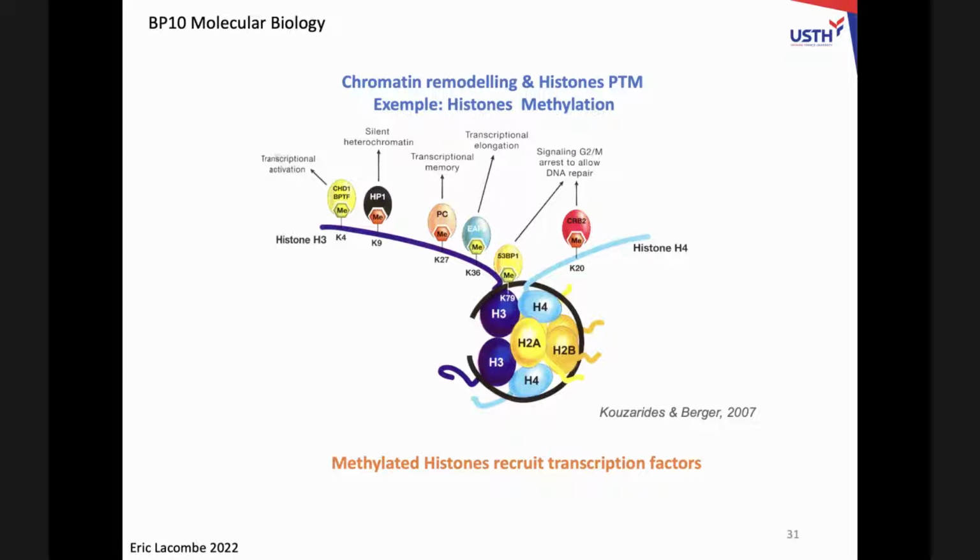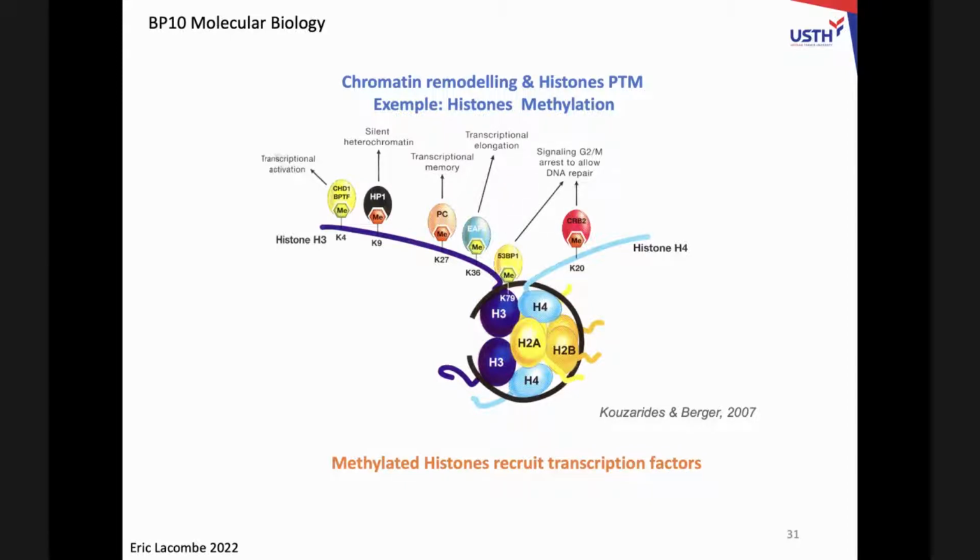So enzymes that are able to link a methyl group or to remove the methyl group. So reversibility as well. So the enzymes or the complexes of enzymes that are adding an acetyl group or methyl group are considered in the category of writer enzymes because they put new marks or they remove, I mean, they change the code.